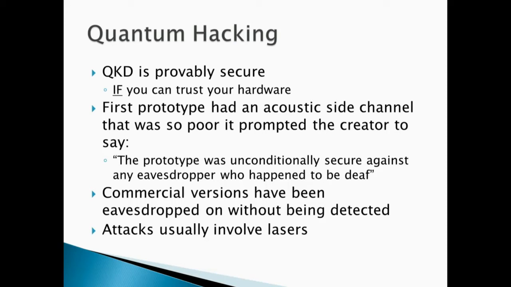The commercial versions of this have been attacked in ways that can't be detected, and these are some recent results. These attacks often use really high-powered lasers and things to force the photon detectors that are involved in the quantum key distribution schemes to misoperate. That's a common way to attack them. Most attacks against this are against the photon detectors themselves, so there's been lots of work trying to come up with a scheme that will be resistant against side channels like this.